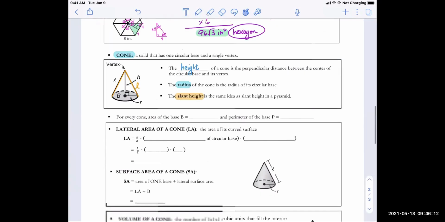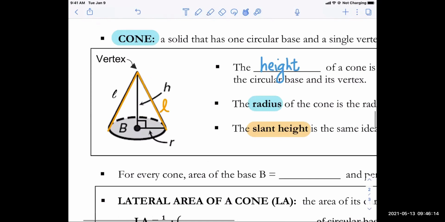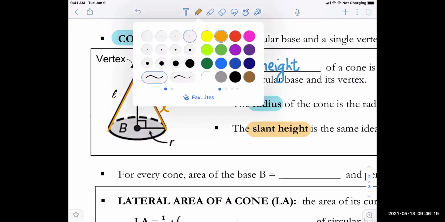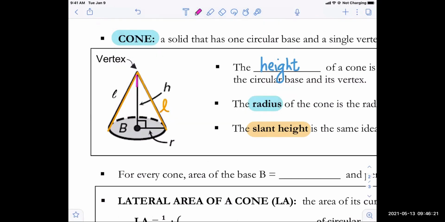Okay, so again, the slant height will not be the same as the height because the height will be perpendicular from the vertex to the base. That's your height. Okay, height and slant height are different. But slant height for a cone is the same idea as slant height for a pyramid.